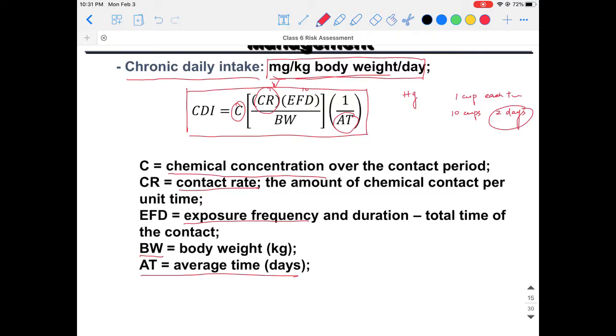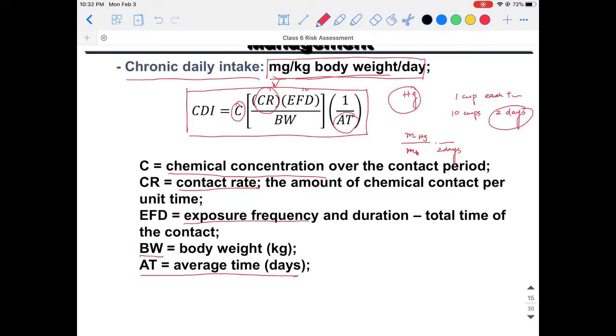So now consider what that really means here. We drank 10 cups of water that contains mercury, right? So what we're going to do to obtain this chronic daily intake, or CDI, is just calculate the total mass of the mercury, divide by the mass of the body, over 2 days, right?